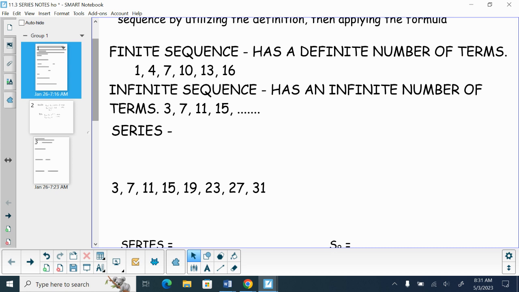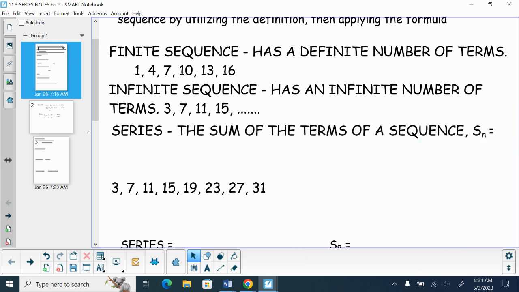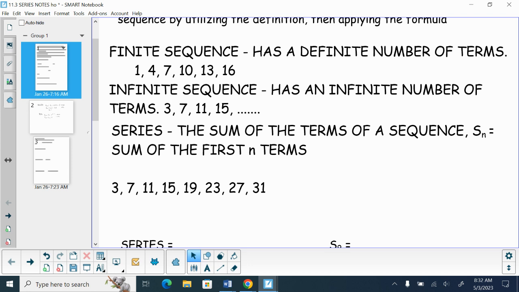When we talk about a series, we take our sequence and we add all the terms together.